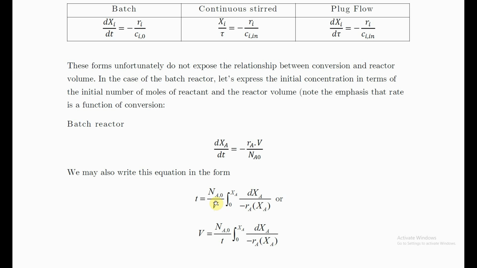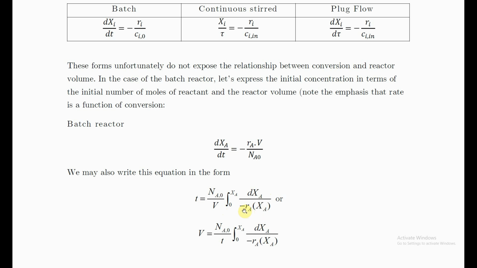Going past the mechanics and looking at what this means, we are saying if we have a specific reactor volume V, and if we put into that reactor this number of moles, Na naught, then the time it takes to get to XA is this value T. So this is the time taken to convert Na naught in reactor volume V to this extent.